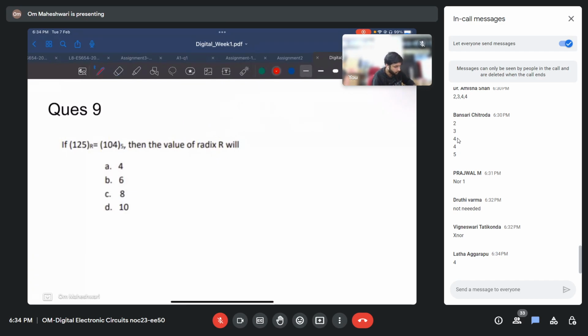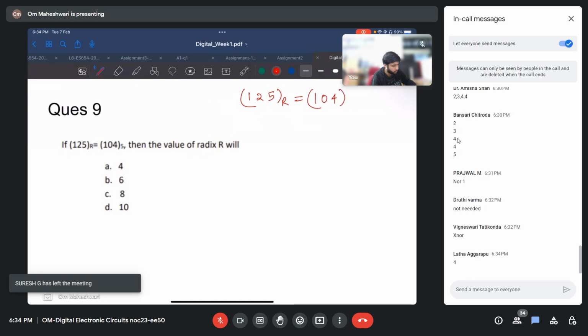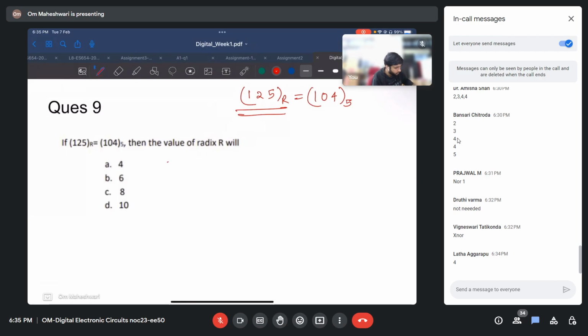125 base R equals 104 base 5. The value of radix R will be. So let us just expand these as we did earlier. I'll write this part first: 5 into R to power 0 plus 2 into R plus 1 into R square.